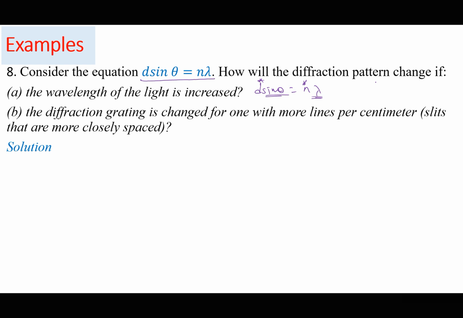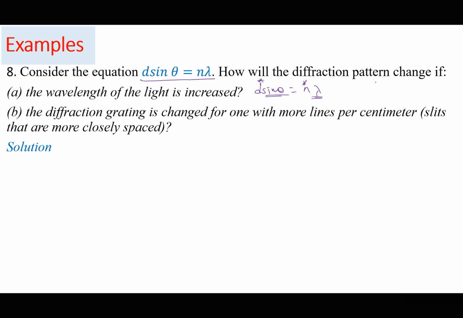So the maxima are going to be more spread out. And of course, when they become more spread out, they don't fit on the screen, so only a few of them will fit on the screen.